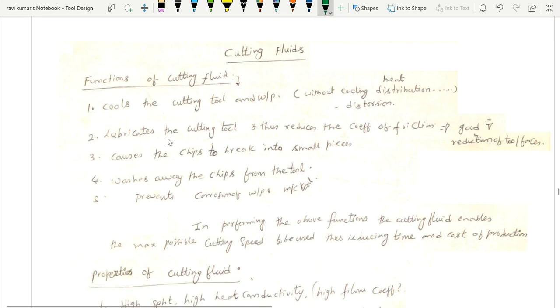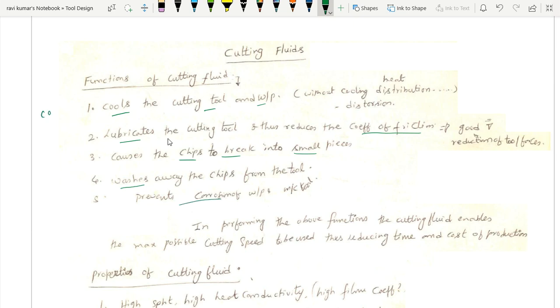First one, cooling function. Cool the cutting tool and workpiece. Next, lubricating function. That means reduce the coefficient of friction. Next, some other additional functions. Cause the chips to break away into small pieces. Next, washing away. That means cleaning function. Next, protection function. Right? So that is preventing corrosion.